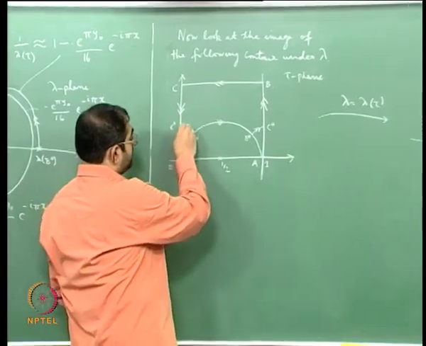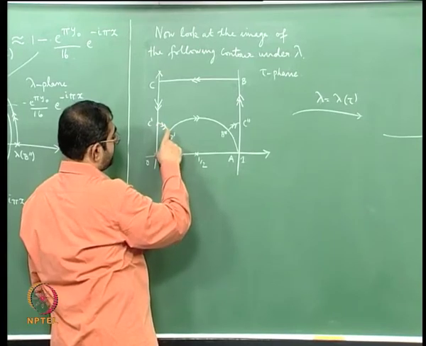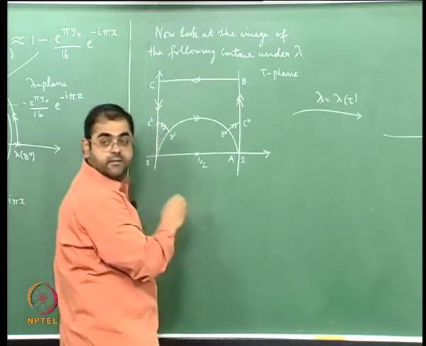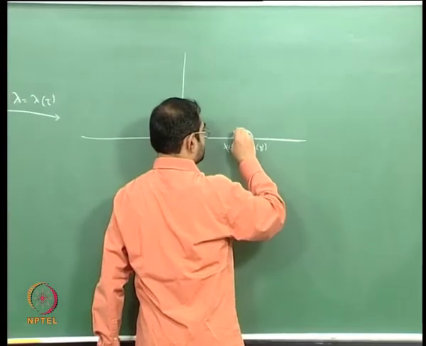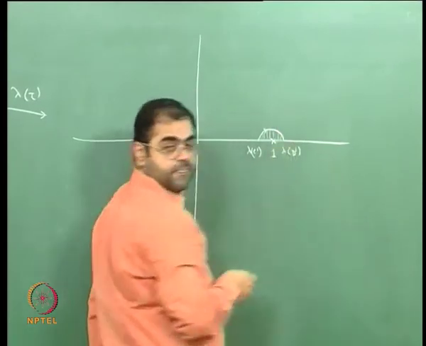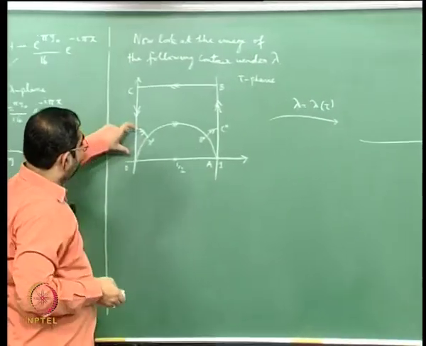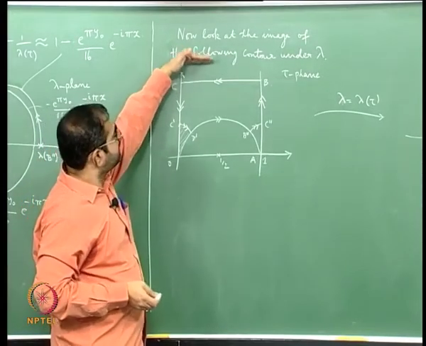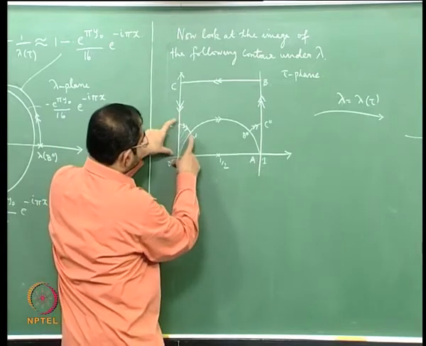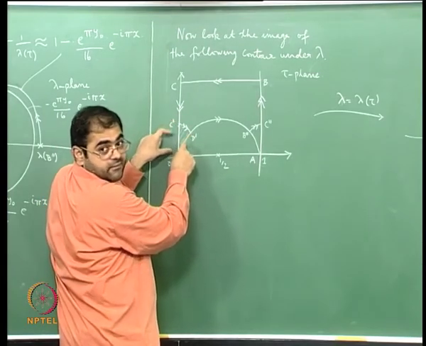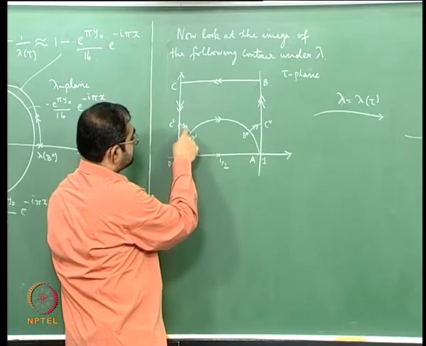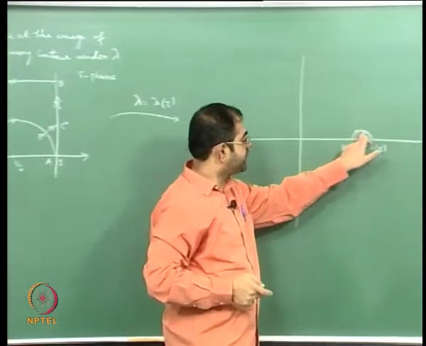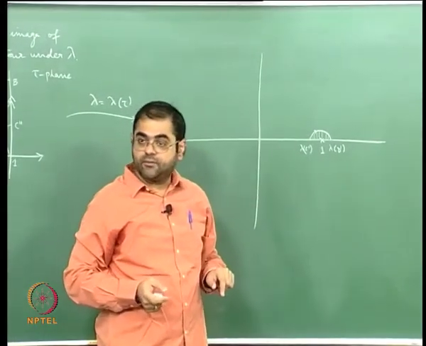So what you should realize is that this whole shaded region here is actually being mapped to this region, which you can understand by making y larger and larger. As you make y larger and larger, these circles here will shrink. So this whole piece here is being mapped to this approximately semicircular region.